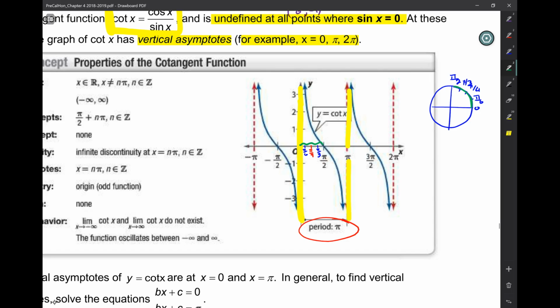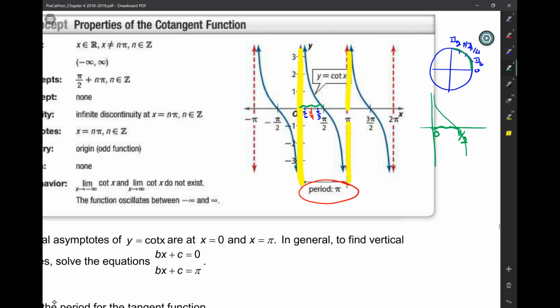Okay, so this is how I can wrap my head around it. Because when I'm graphing, how am I supposed to know if it's going to go that way or that way? Well, if this is the quadrant from 0 to pi over 2, then I know that from 0 to pi over 2, cotangent is positive. It must go above the x-axis. All right? Okay.